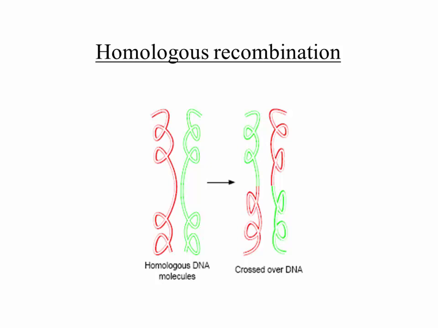So you could have the red DNA crossover on the right. Let's say there's a break here, it crosses over onto the other one, and then you're left with two new DNA strands, where half of it is coming from the one on the left, half from the right. So the genetic variation can happen in this way, because when similar sequences line up next to each other, there can be a crossover.